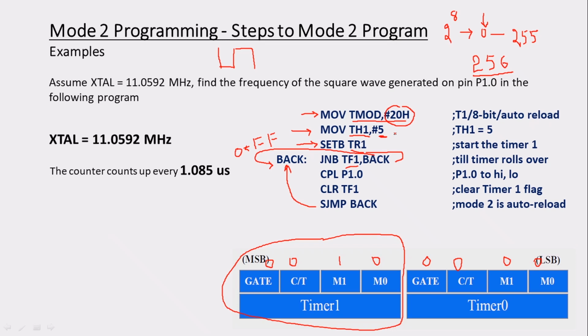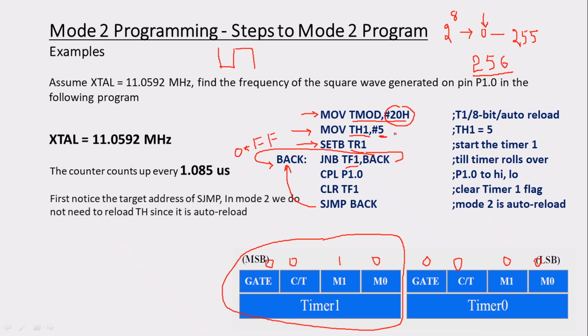So the crystal oscillator divided by 12, we get somewhere around 921 kilohertz. If you convert that into time, you get 1.085 microseconds. This is the time required to increment one time.